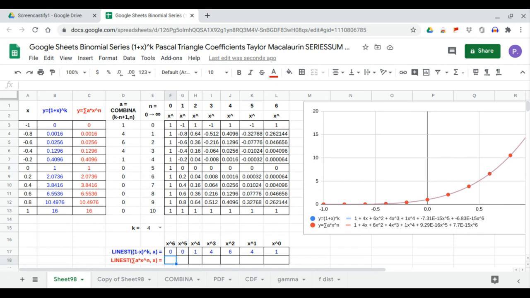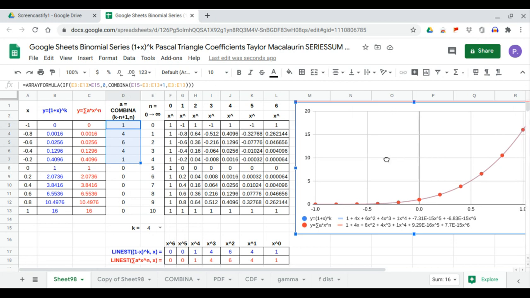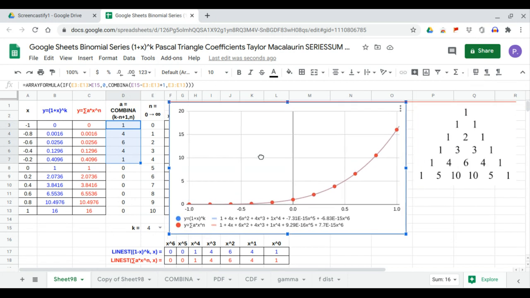Then we enter the LINEST for the Taylor-Maclaurin SERIESSUM expansion, which is LINEST data y and data x. So our regression coefficients match our expansion coefficients and our trend line equation, the polynomial 1 plus 4x plus 6x squared plus 4x cubed plus x to the fourth.